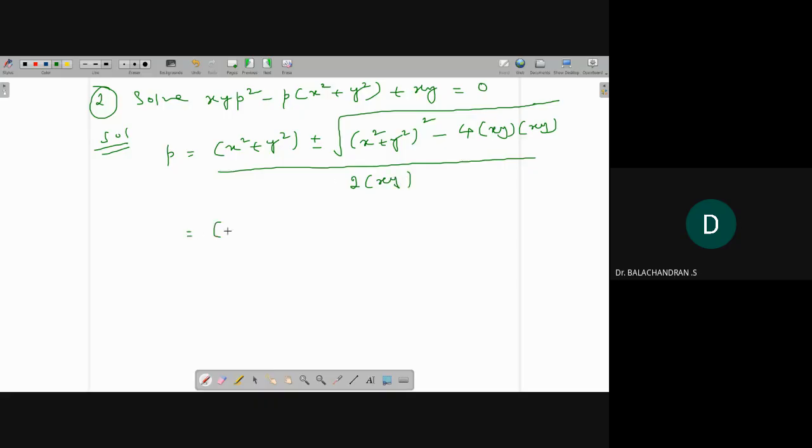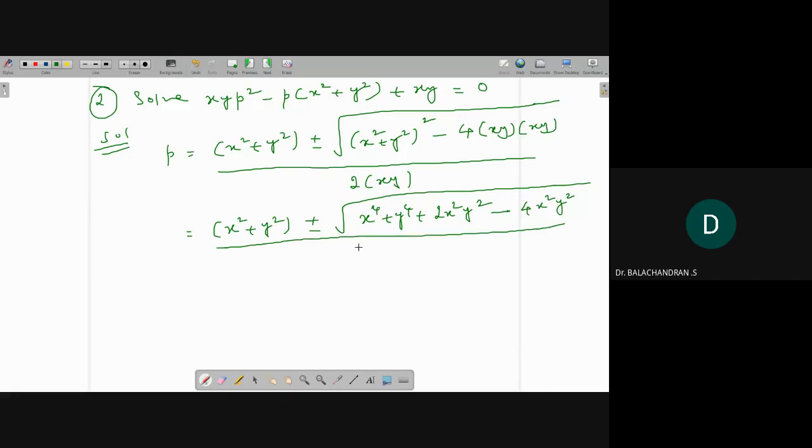So this is equal to x square plus y square plus or minus root of, using the a plus b whole square formula, a square plus b square plus 2ab, minus 4 x square y square, by 2xy.